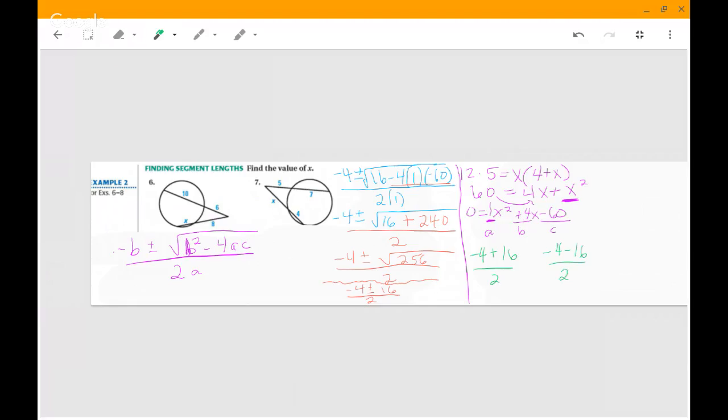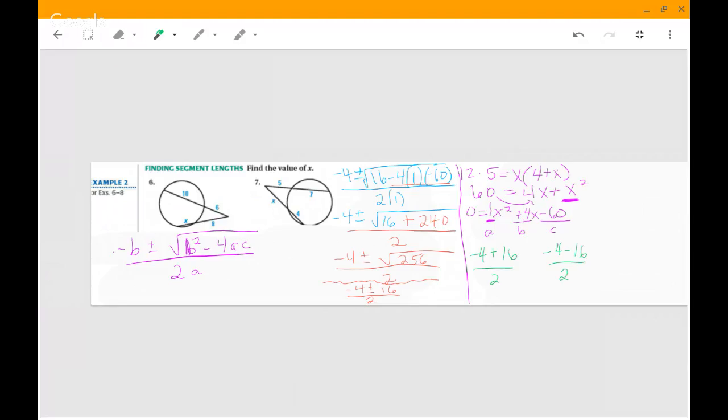Let's see. 16 minus 4 is 12. 12 over 2, right? 6. Yeah. 6 would be this answer. And when you subtract them, -20, -10, is that right? Yes.